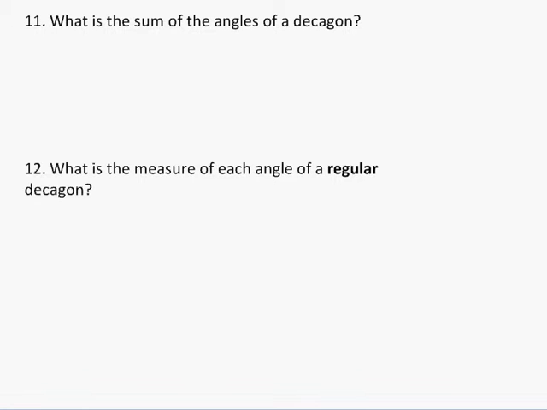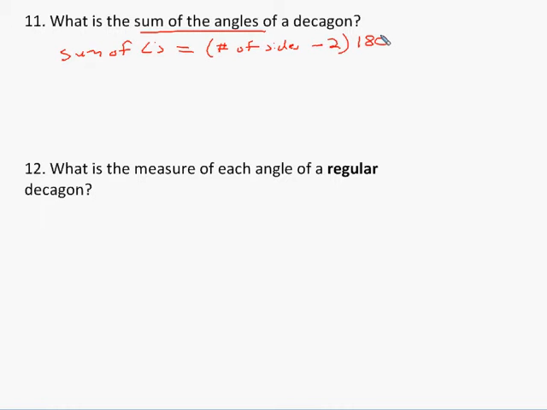Number 11 deals with a formula that we learned for the angles in a polygon. The sum of the angles in any polygon equals the number of sides minus 2 times 180.